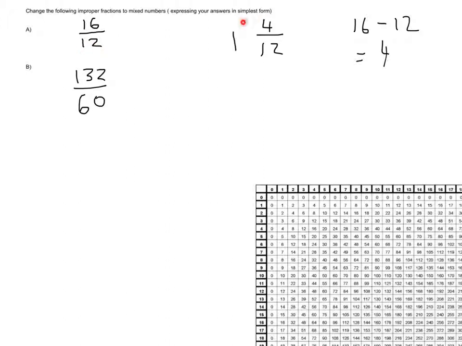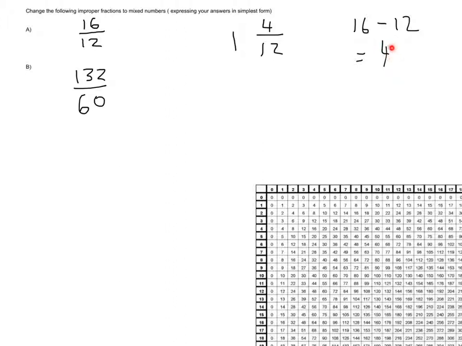So basically, the way we've got this answer is by finding out how many times 12 goes into 16. It goes into 16 once, but then we have a remainder of 4. This 4 is found by taking the numerator and minusing 12 from it.